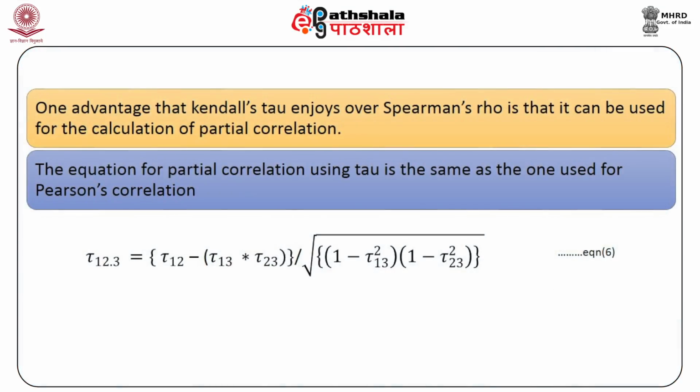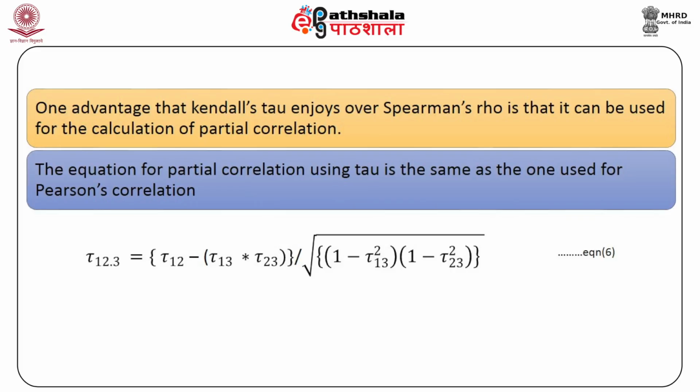One advantage that Kendall's tau enjoys over Spearman's rho is that it can be used for calculations of partial correlation. The equation for partial correlation using tau is the same as the one used for Pearson's correlation. The reader may refer to module 24 for complete discussion of partial correlation. However, we can give the equation for partial correlation using tau for 3 variables here in equation 6.